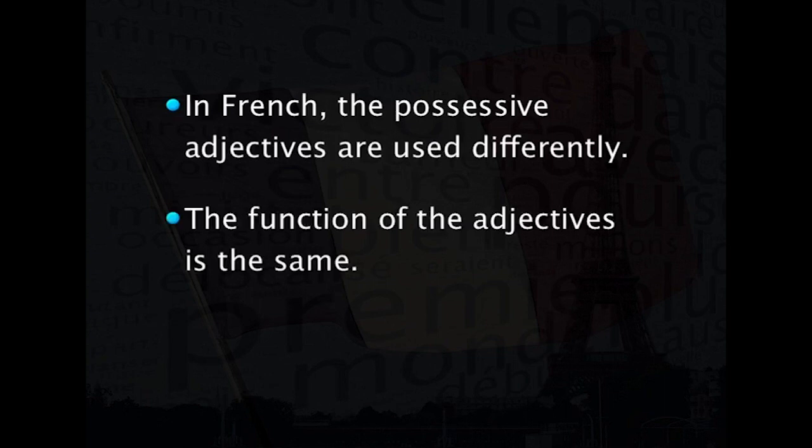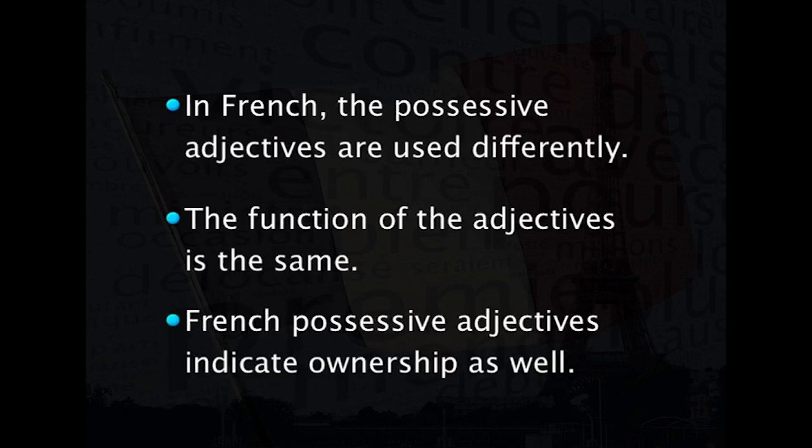The function of the adjective is the same. French possessive adjectives indicate ownership as well. But the way these adjectives are used is typically French. By now you are familiar with adjective agreements. You know that adjectives always agree in number and gender with the noun they modify.